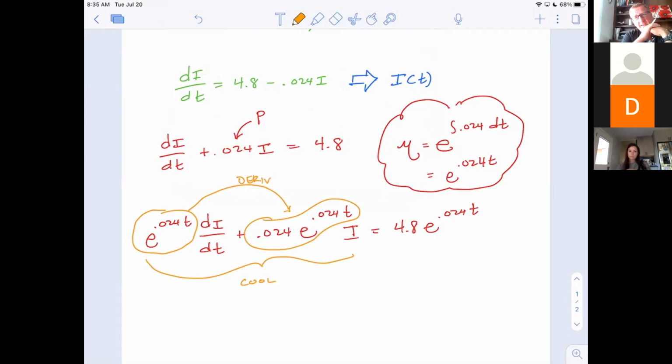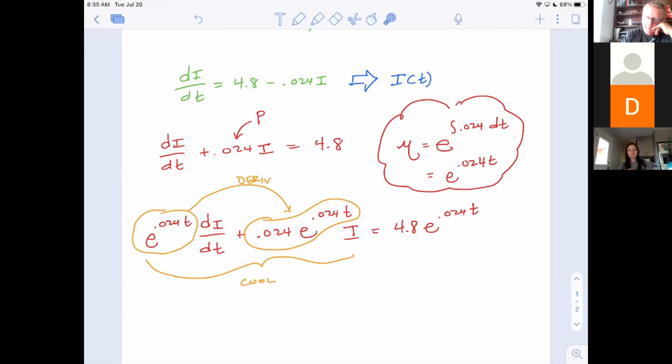You might say in hindsight, I could have guessed the multiplier here, but we saw lots of examples yesterday, and it was way too hard to guess. But sure enough, the derivative of e to the junk is e to the junk times the derivative of the junk. Well, the derivative of 0.024t, of course, is 0.024. So look at that, there it is sitting out in front.